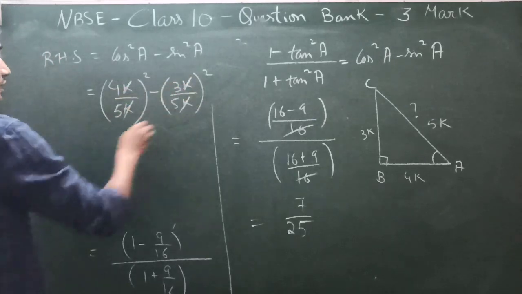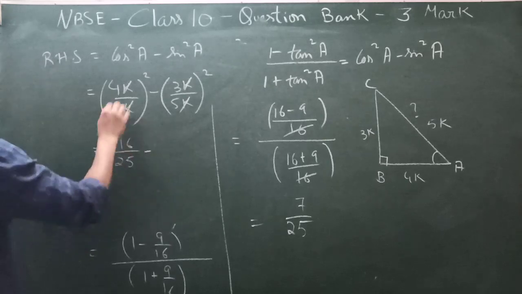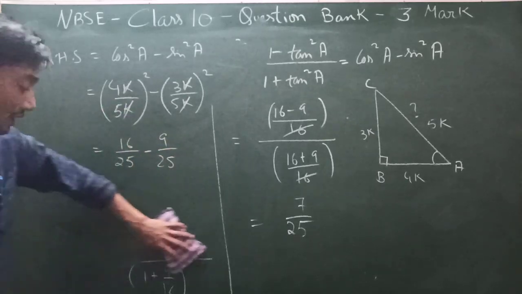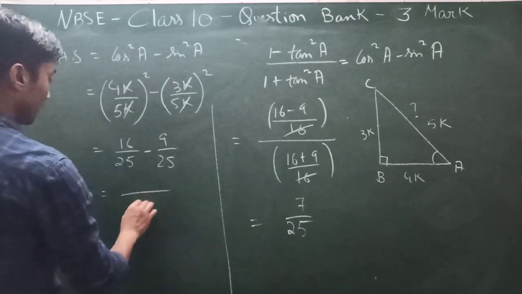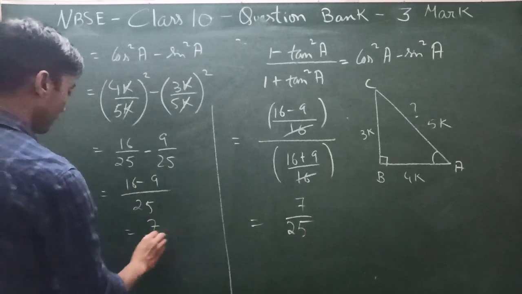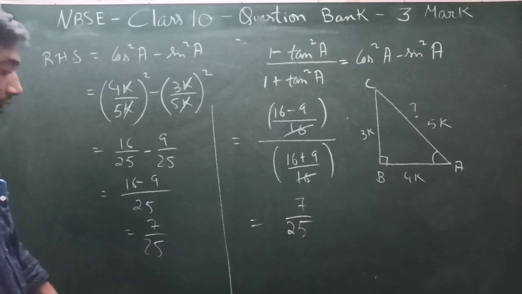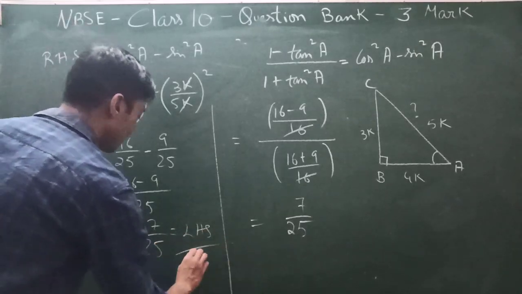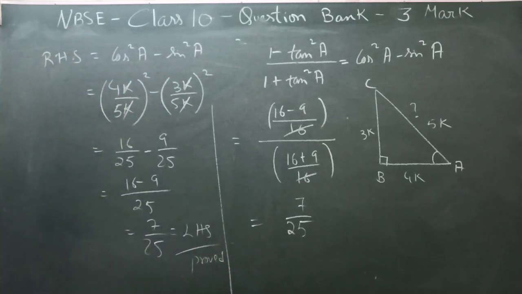K I can just cancel here. So 4 square is 16 by 25 minus 9 by 25. That's why this ratio constant k actually doesn't give us any problems, but it makes our problem mathematically very much correct. So 16 minus 9 is 7 by 25. So you can see that the left hand side and the right hand side are the same, that is RHS is equal to LHS. Hence proved.